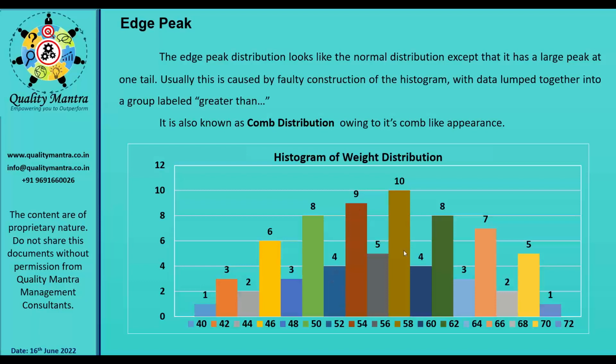If you get such kind of data, then look at the number of bins you have selected and the bin range, and recalculate. Choose a different number of bins, and then check again whether the histogram shape has changed or not.